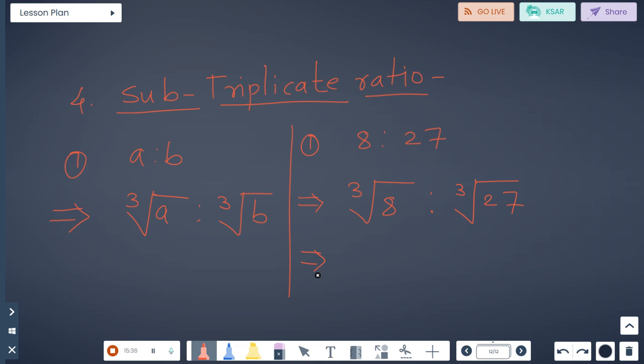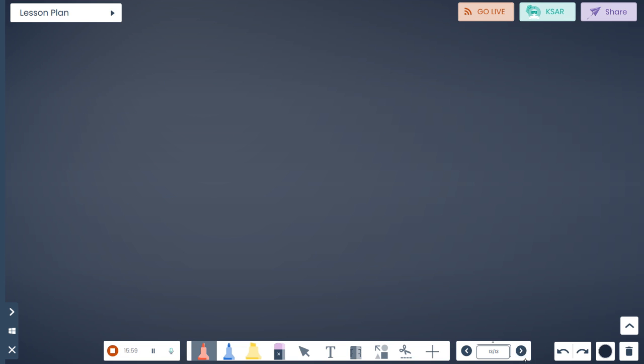We know that the cube root of 8 is 2 and the cube root of 27 is 3. So 2 is to 3 is the sub triplicate ratio of 8 is to 27.